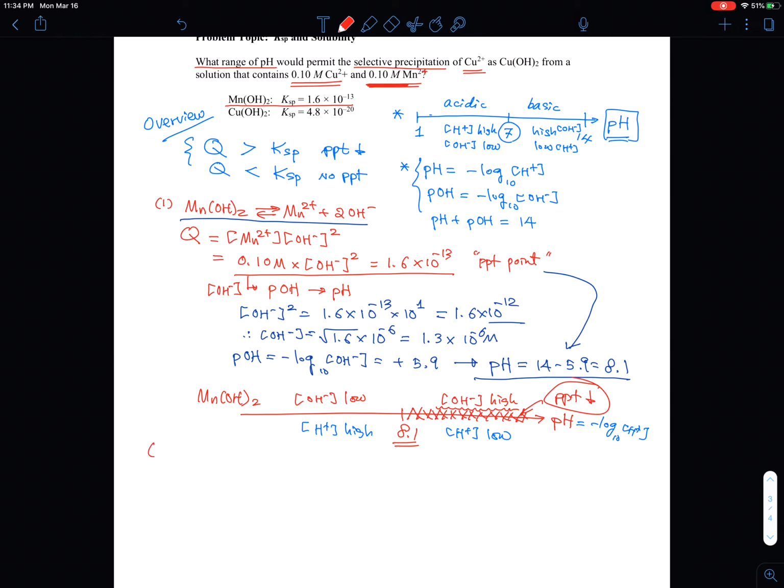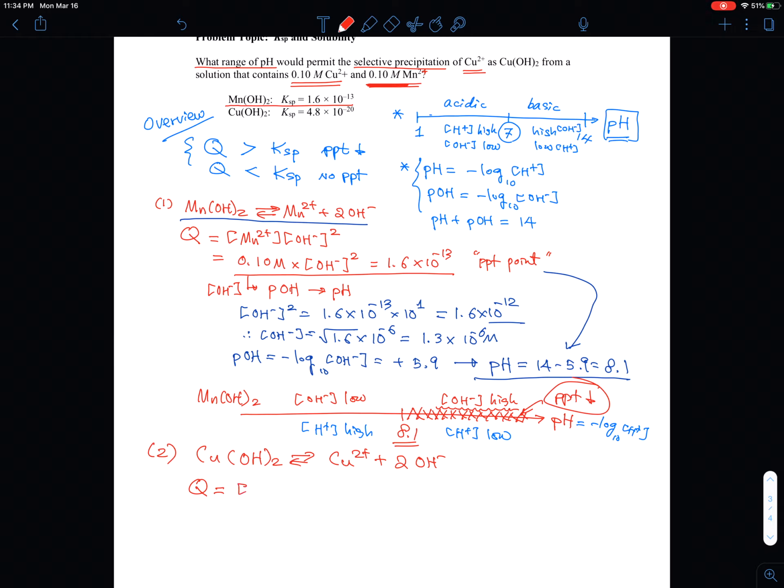Now I can do the same thing for the second problem, which is Cu(OH)2, the same as Cu2+ plus 2 OH-. The math is almost the same.